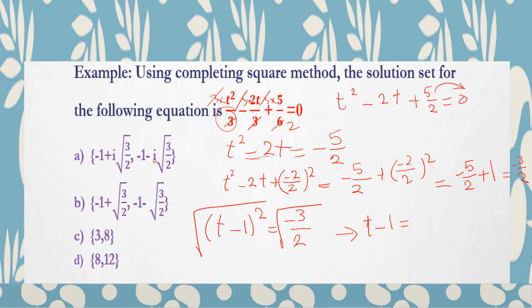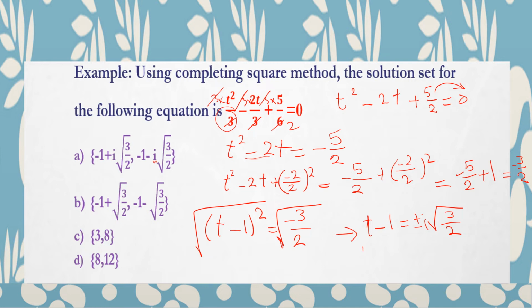Looking at this square root, we can see that there is a negative sign under the root, and there is no real square root for any negative numbers. So we will use imaginary numbers, then it is plus or minus i square root of 3 over 2.